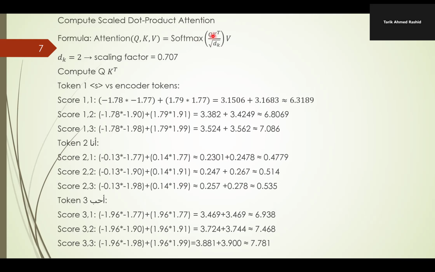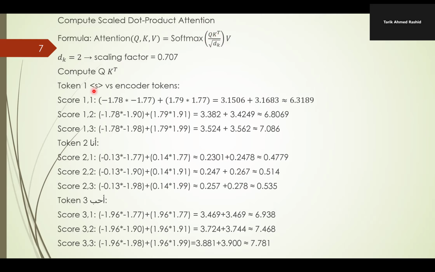So we multiply Q by K transpose over the scale, then we take the softmax, and then we multiply it by the V matrix. Assume d model is 4, so dk is 2, and the square root of 2 is 1.414.